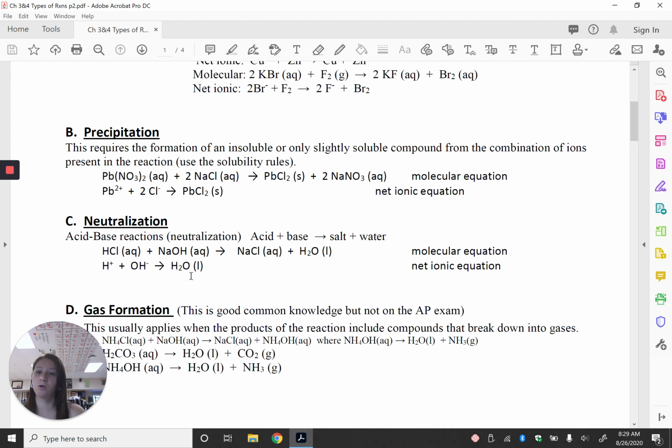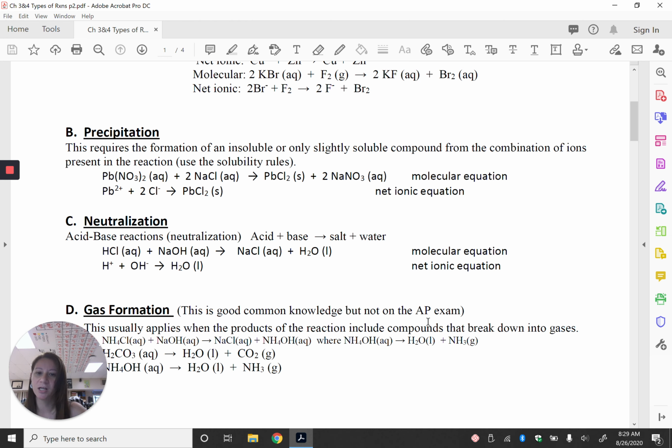And so the net ionic equation for acid-base reactions or neutralization reactions is always H plus and OH minus forming covalently bonded water.